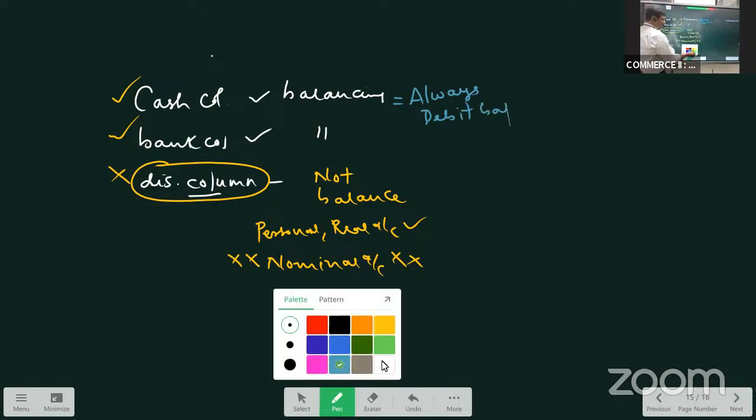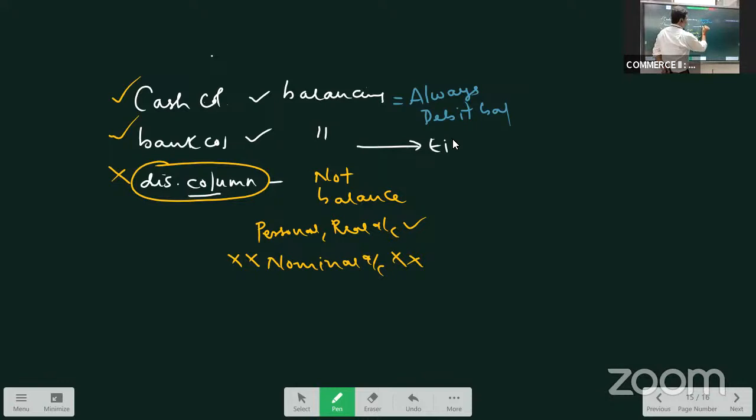Bank column can show either debit balance or credit balance. I repeat, in 3-column cash book, cash column will always be heavy on the debit side only. Bank column can be heavy on the debit side or credit side.